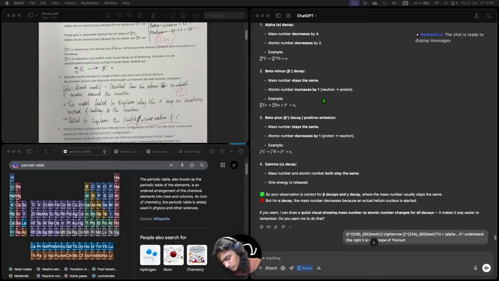So, mass number stays the same. Where is TC? Mass number remains the same. Neutron to proton, so plus, ruthenium.